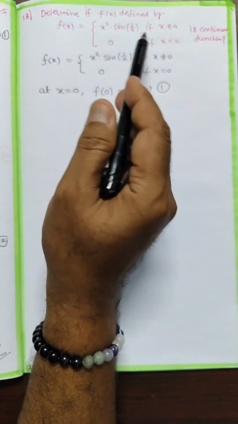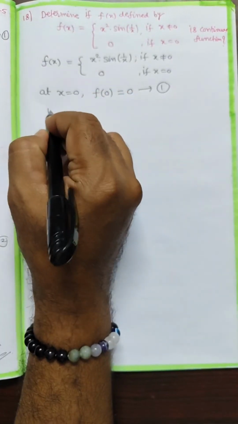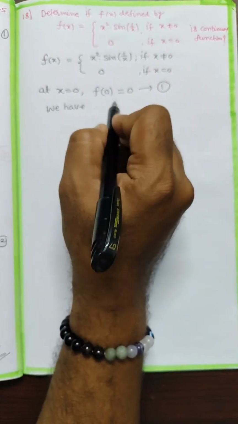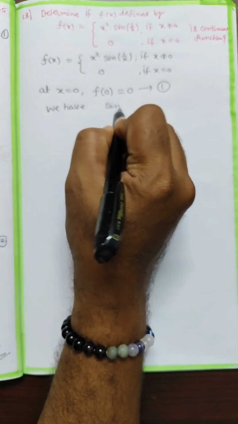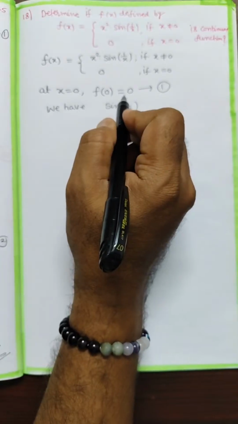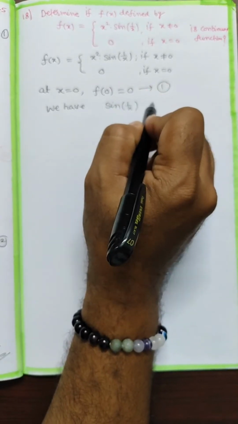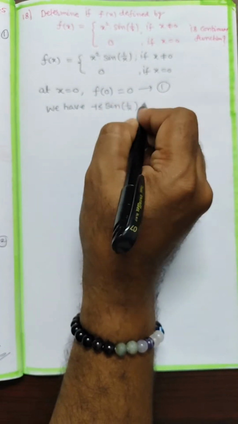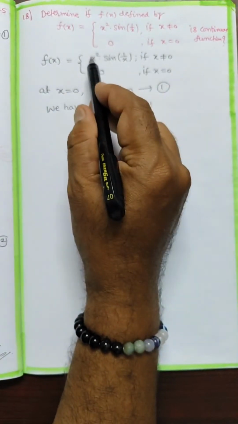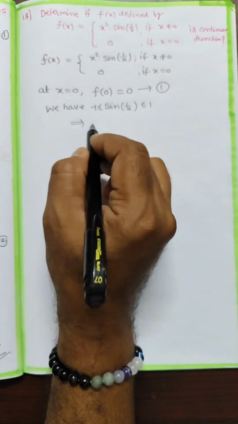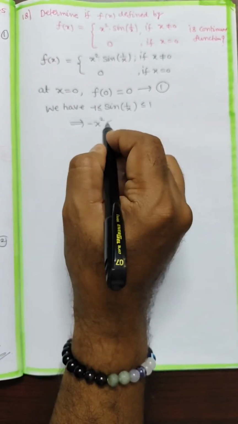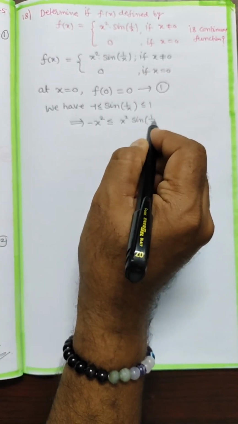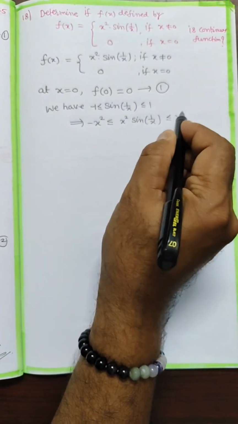For an oscillating function like sine 1 by x, we have sine 1 by x lies between minus 1 and 1. But the function is x square times that, so multiplying by x square: minus x square is less than or equal to x square sine 1 by x, which is less than or equal to x square.